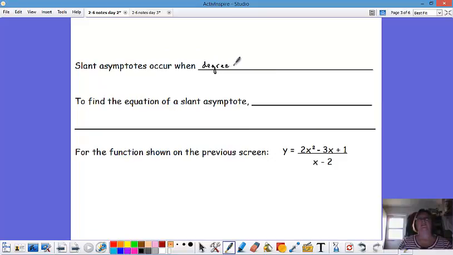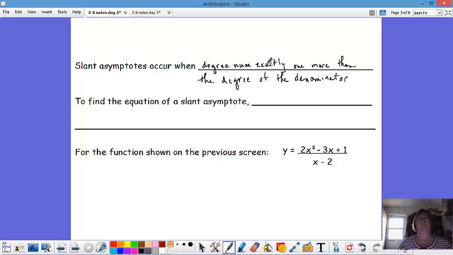of the denominator. So the degree of the numerator is exactly 1 more than the degree of the denominator. So there's our criteria.